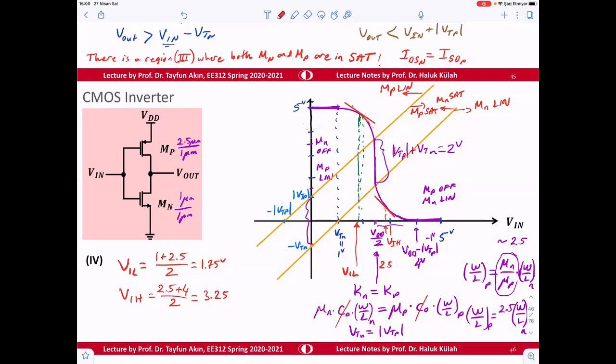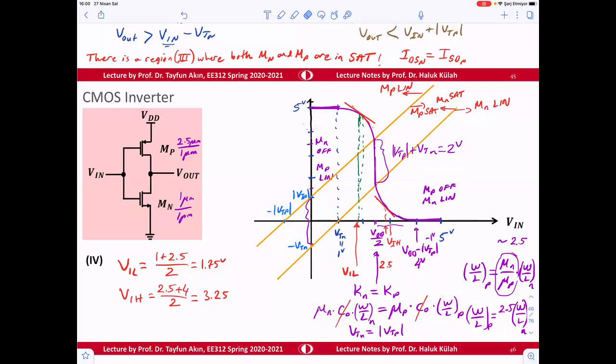So probably my drawing is not very correct. So that's going to be the input high point or voltage. If I want to make this thing perfect, maybe I should... oops, too much is gone.